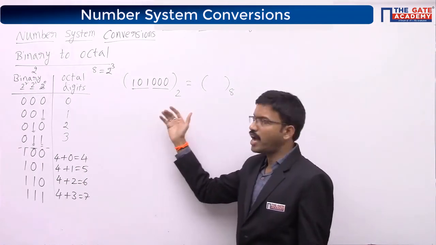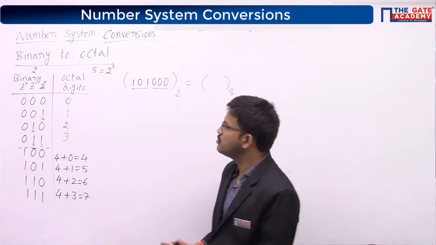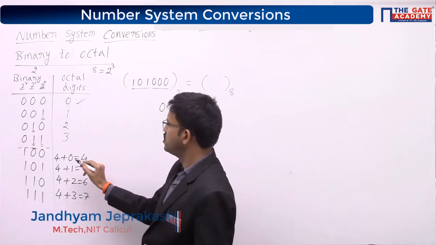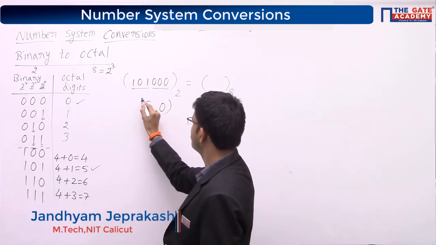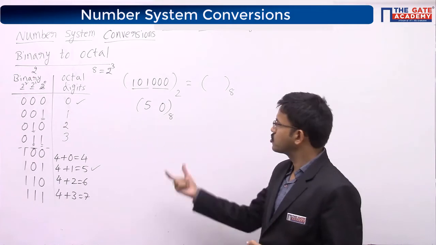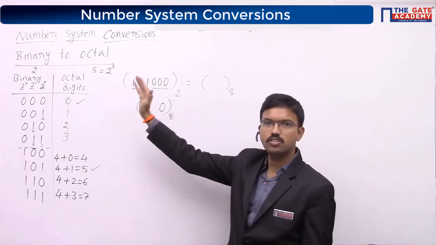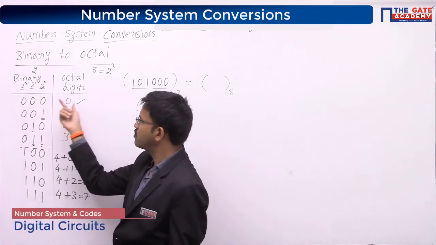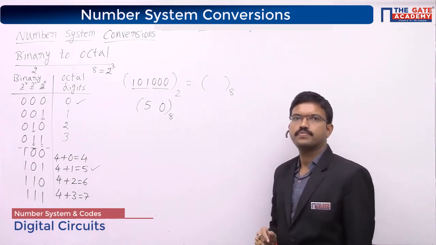For the integer part, I start from right hand side to left hand side. So 000 is nothing but 0, then 101 is nothing but 5. So 50 base 8. For the integer part, we have to do the grouping of 3 bits from right hand side to left hand side, and place the digit equivalent to those 3 bits.